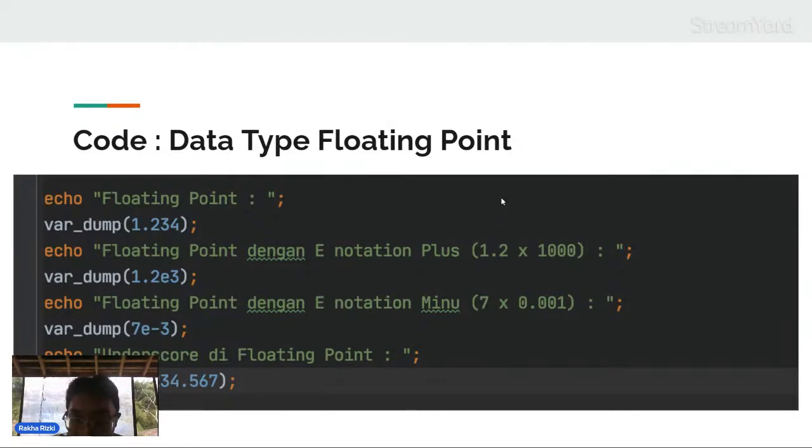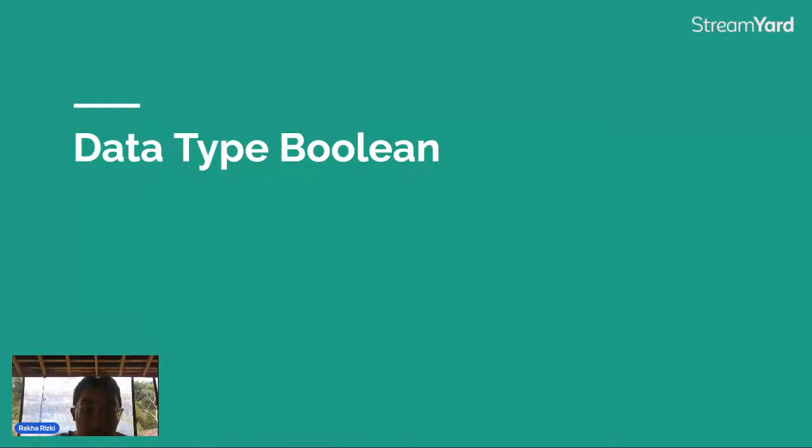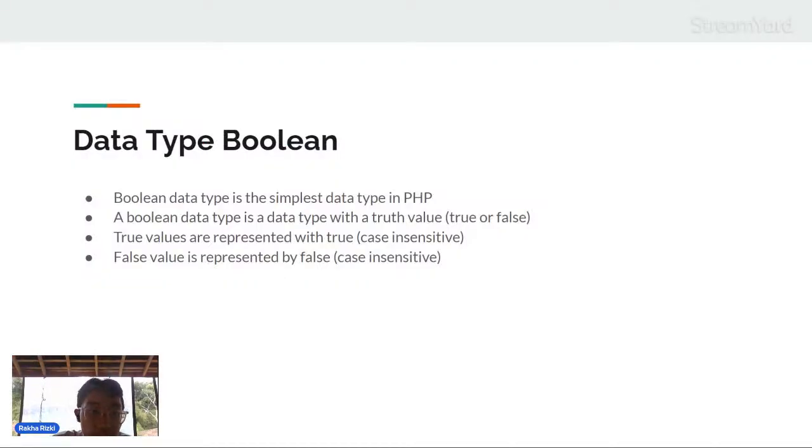Then the boolean data type is the simplest data type in PHP. It is a data type with a truth value, true or false. True is represented with true, and false is represented with false.